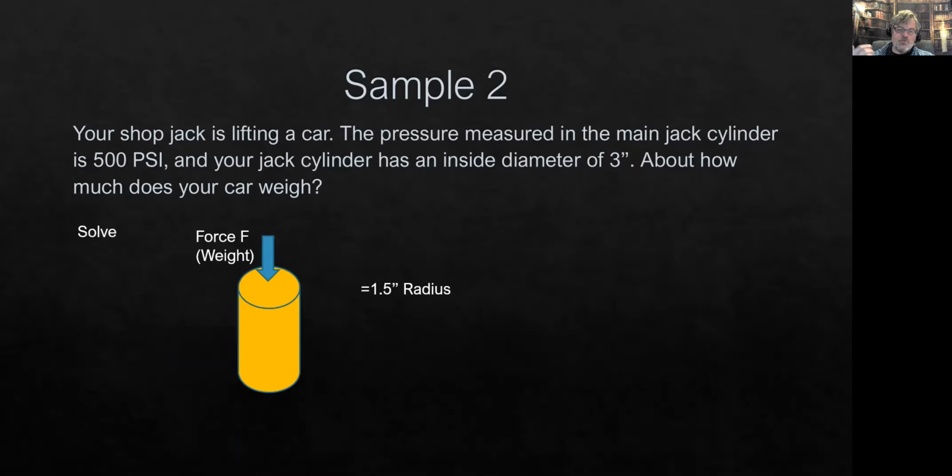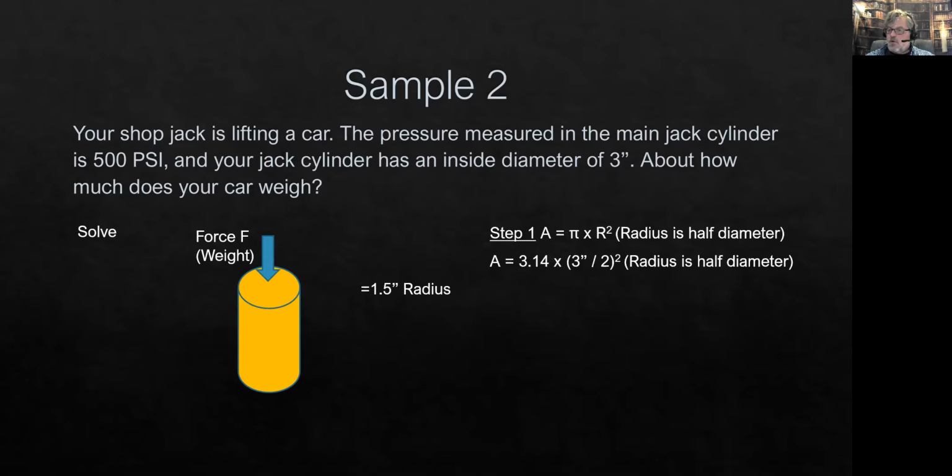So let's run through the solve. Step 1, area is equal to pi r squared, which is equal to, we're going to use 3.14 all the time when we use pi in this course. So it's 3 inches, the diameter, divided by 2 is the radius, squared, which is 3.14 times 1.5 squared, which if we run it through the calculator gives us about 7 square inches.